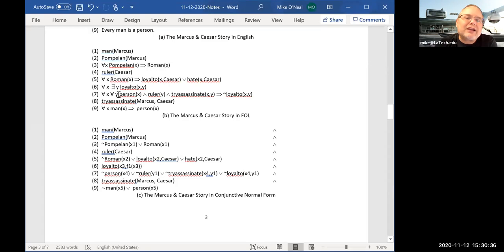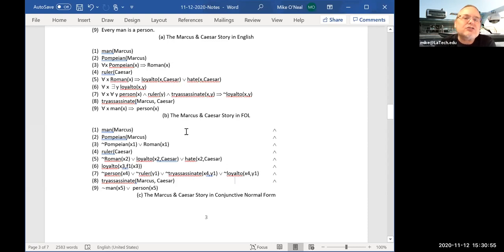But remember, now I've got a not that I need to drive over these three things that are anded. When you drive a not over a series of ands, the ands flip to ors. So not person or not ruler or not tryassassinate.